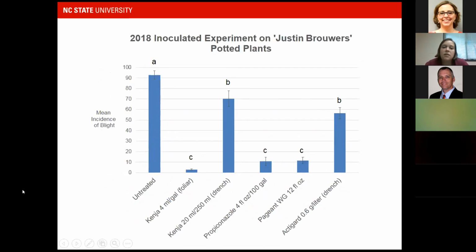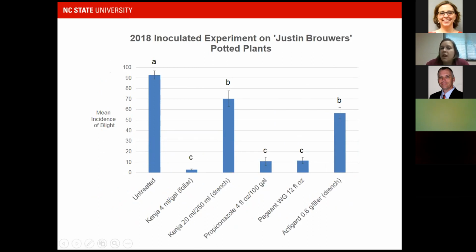And then we also did a trial on potted plants again, kind of looking at more conventional with that Actigard. So here we have, once again, our untreated control. And this is the mean incidence of blight. So what we do is we take so many ratings.